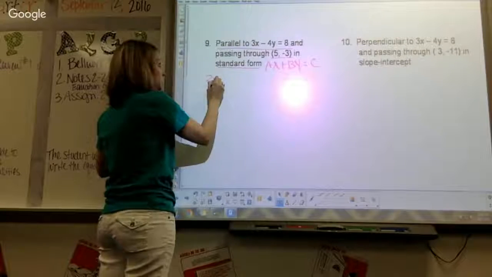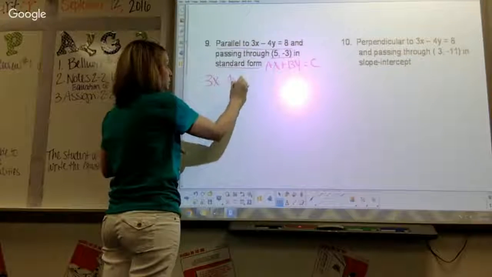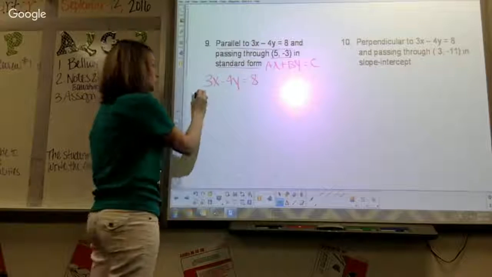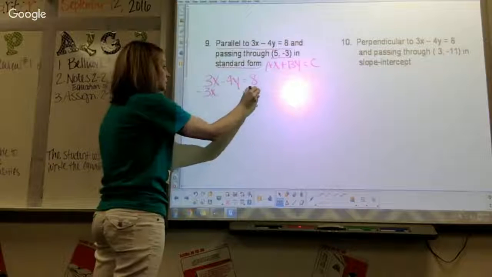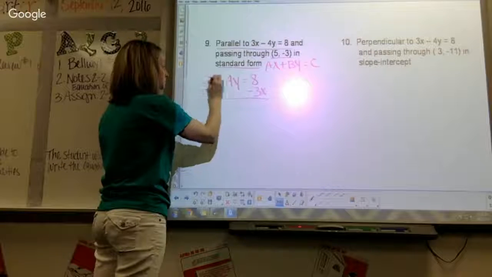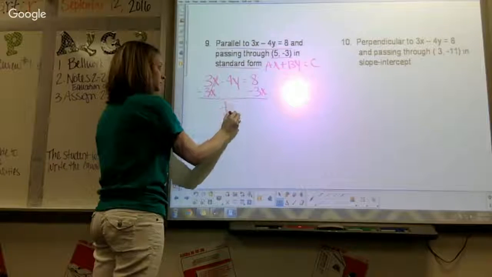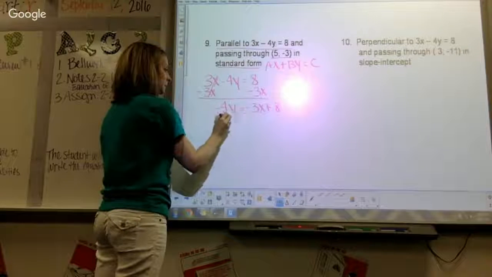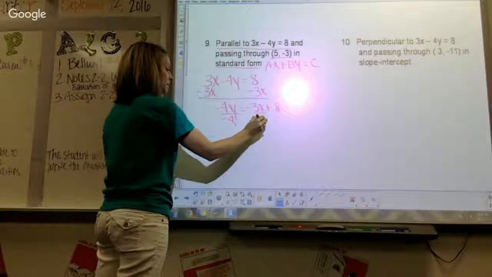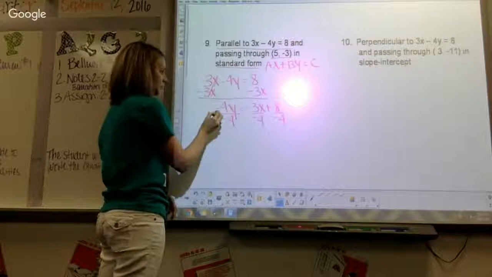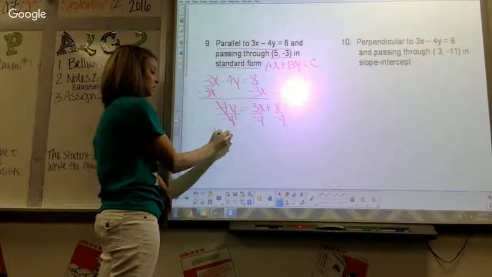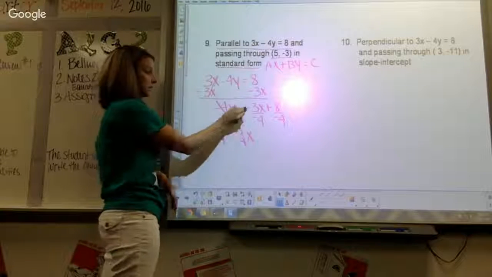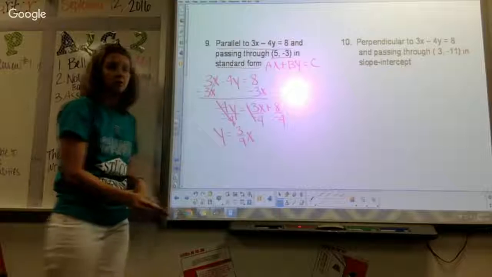So writing your equation down, we're going to get y by itself, so that way we can find the slope. So subtract 3x. Divide everything by the negative 4. So y would equal a positive 3 over 4x, because negative divided by negative is a positive.